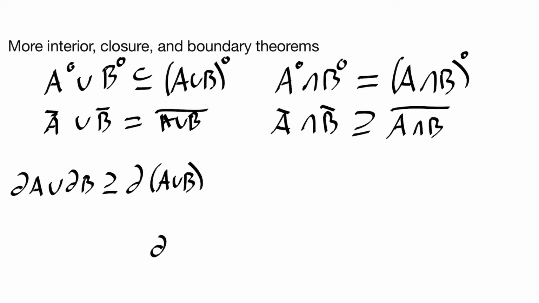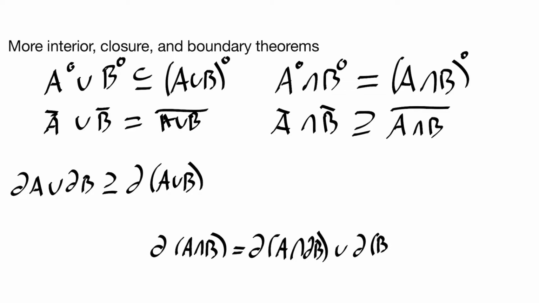The one that's a little bit confusing looking is the boundary of A intersect B, which is the boundary of A intersect the boundary of B, union the boundary of B intersect A, union the boundary of A intersect B. Oh, and I should have put subset like this.